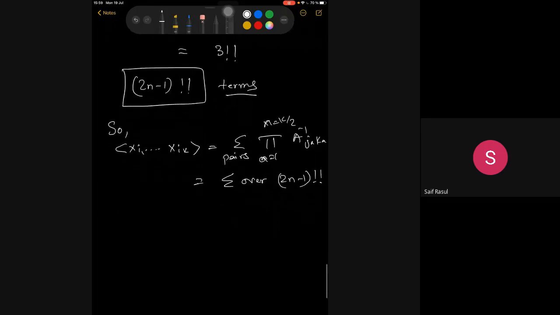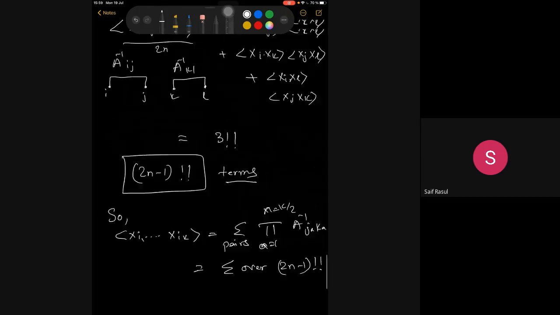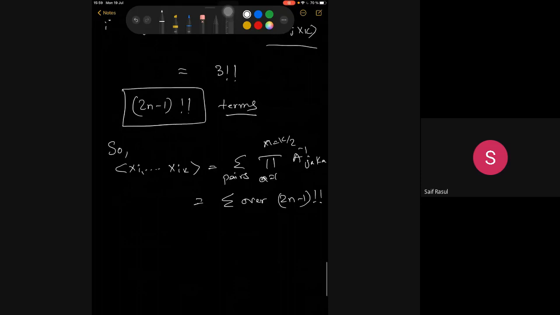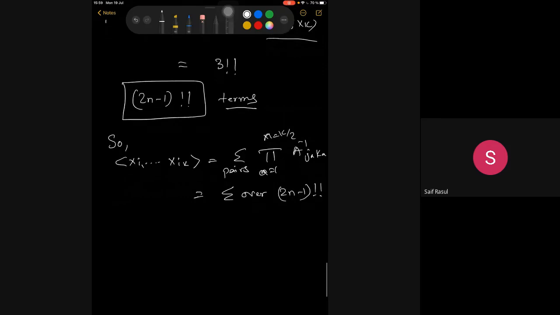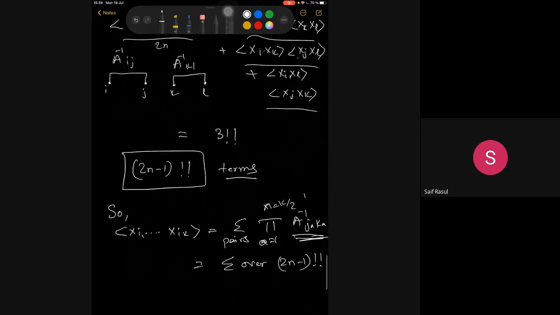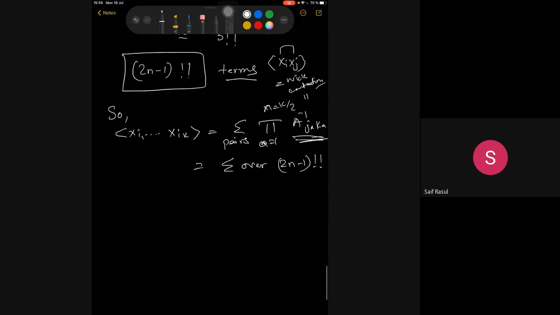For example, if you have 4 of them, you'll have 3 double factorial terms, that is 3 terms: 1, 2, 3. We call these A inverses propagators, and the connection is sometimes called Wick contraction. The naming isn't important.